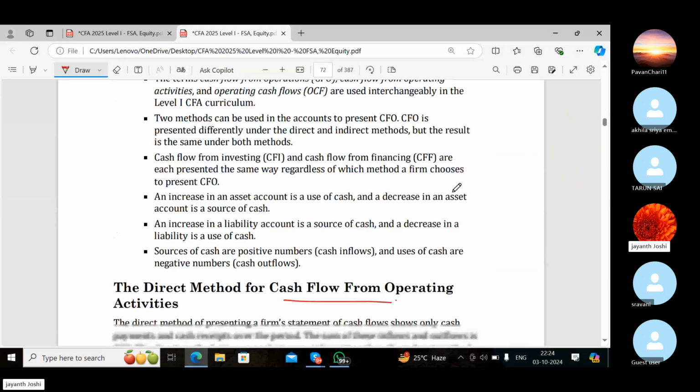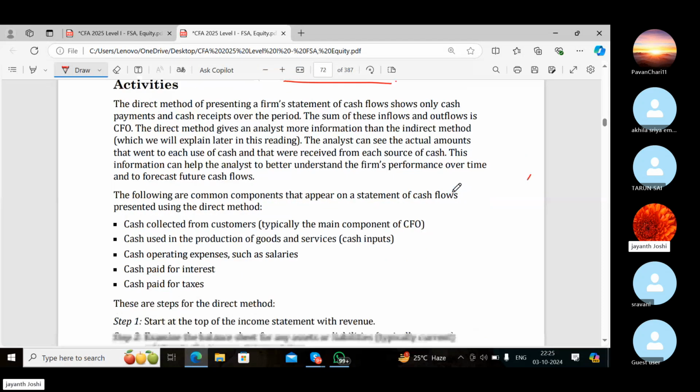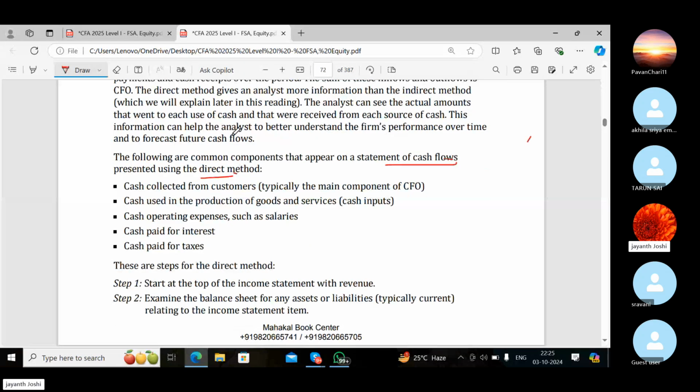The following are common components that appear on a statement of cash flows presented using the direct method. So what you have to take in the direct method? Cash collected from customers, cash used in production of goods and services, cash operating expenses such as salaries, cash paid for interest, cash paid for taxes. All this will come under the direct method.